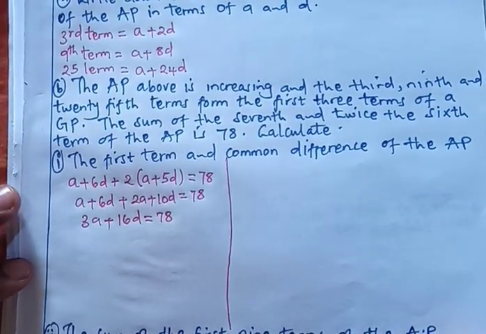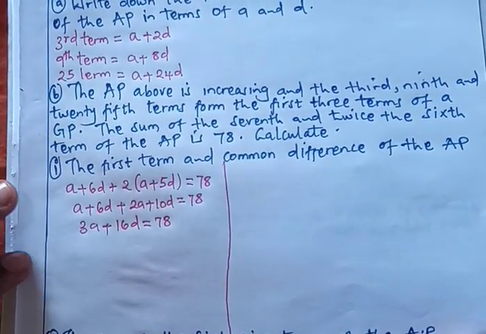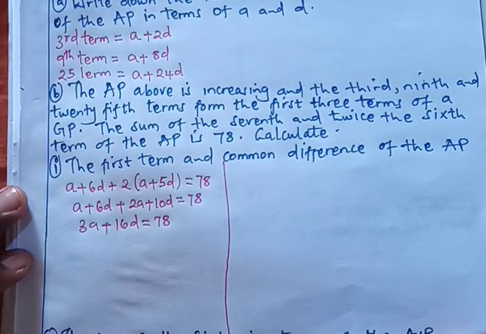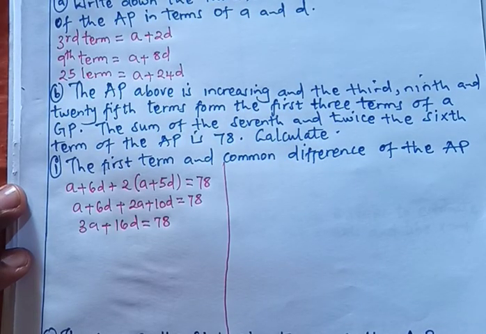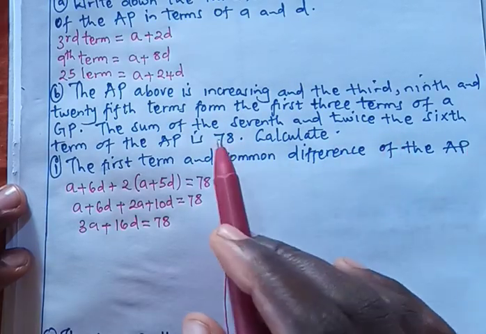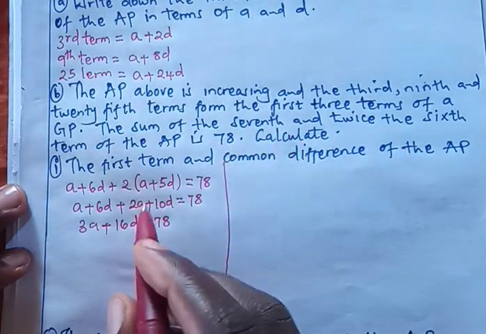But the question says that what we obtained in part A forms an increasing arithmetic progression.